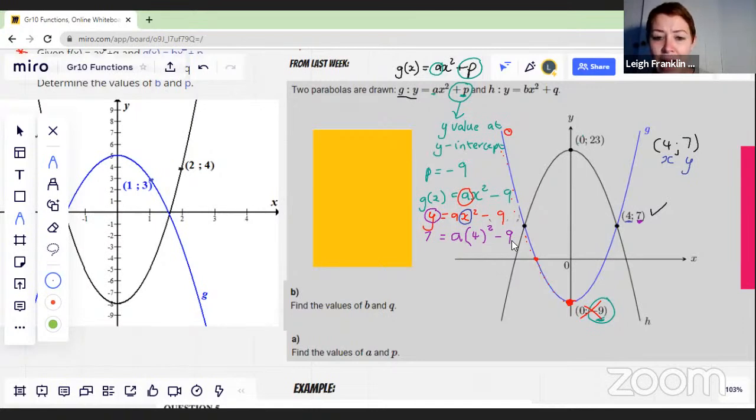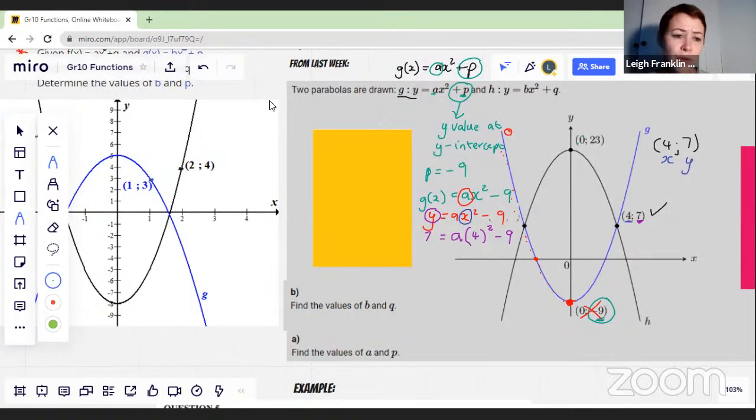Okay, now we have to solve for a. So let me have a look who I haven't called on yet this lesson. Ria, if I may call on you, and if you don't know, that's fine, it's not a problem, but do you know what we need to do with the a and the 4 that's in brackets and the square?